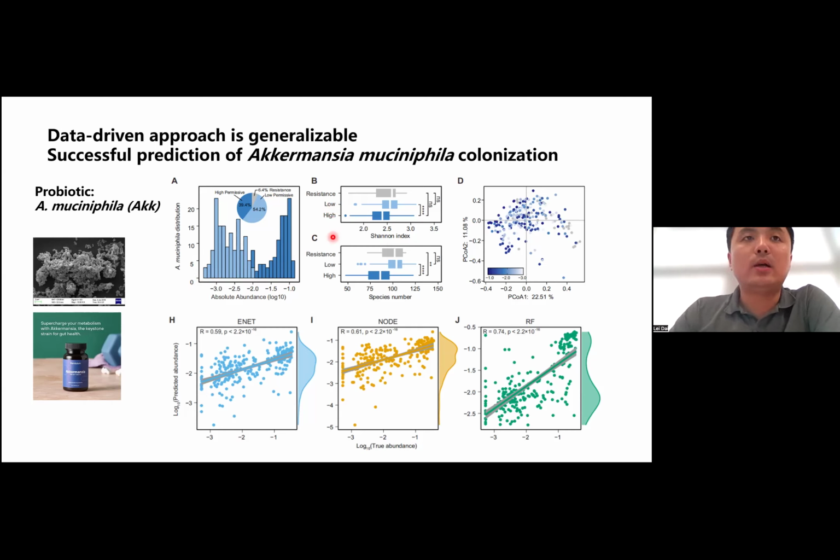We can try to predict qualitatively which group they are, or we can even try to predict the post-invasion abundance in a quantitative way. Also in this case, we find that random forest seems to have the best performance. Anyway, this is just to show you that the data-driven approach is generalizable if you want to study other species of interest.